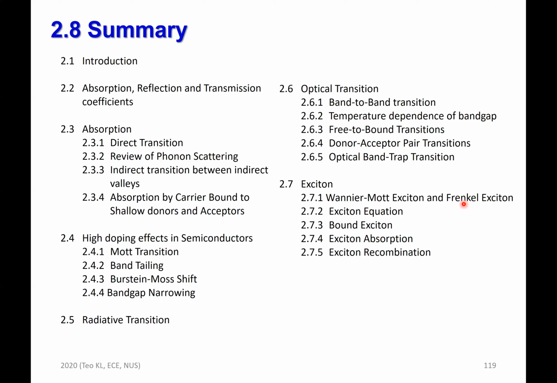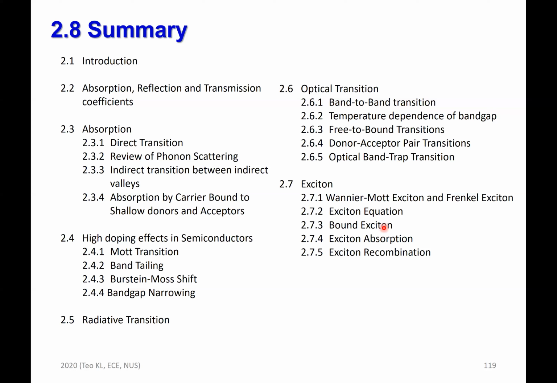Frenkel exciton, we did not discuss much because it occurs only in molecular crystals. And we solved the Schrodinger equation to obtain the exciton binding energy and the transition energy. And we also talked about how the exciton can be bound to an impurity.